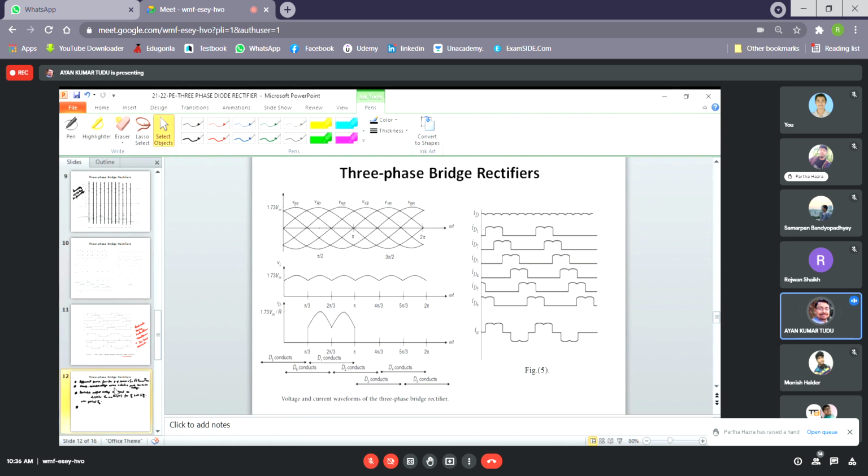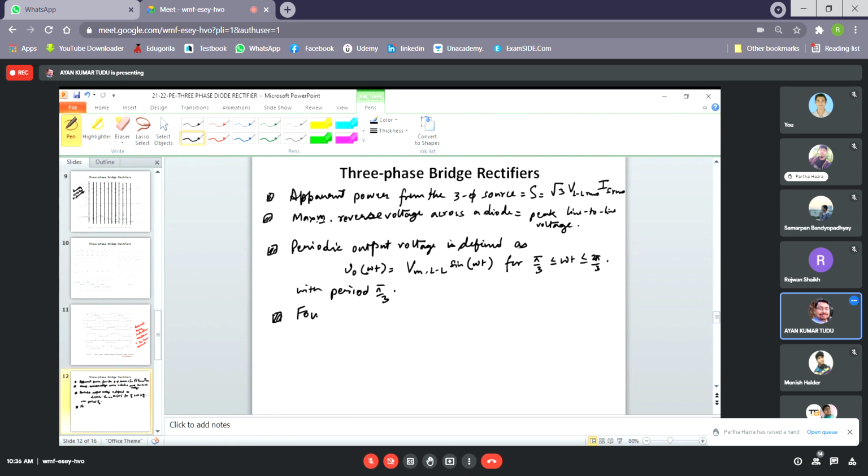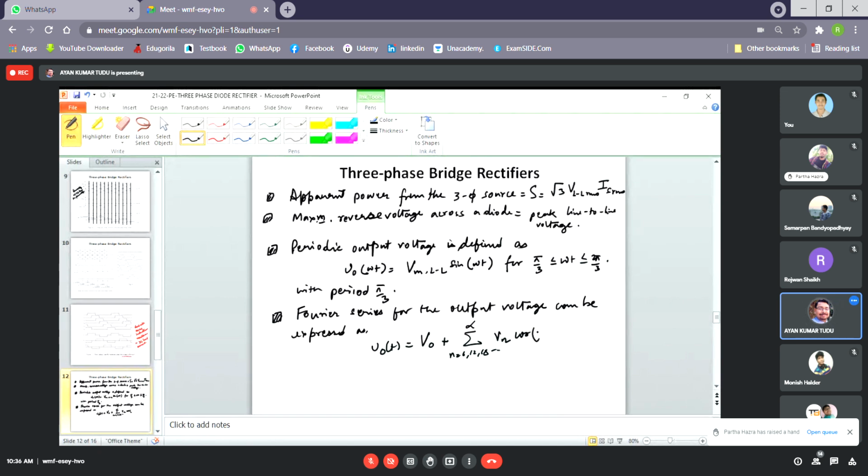So the Fourier series for the output voltage can be expressed as V0(t) equal to V0 plus summation of n equal to 6, 12, 18 and so on, Vn cos of (n omega 0 t plus pi).